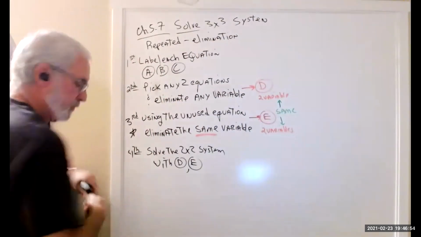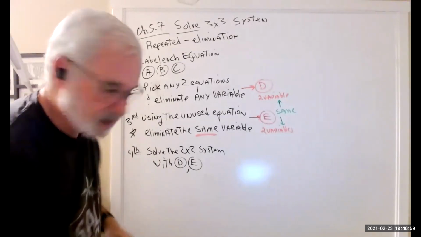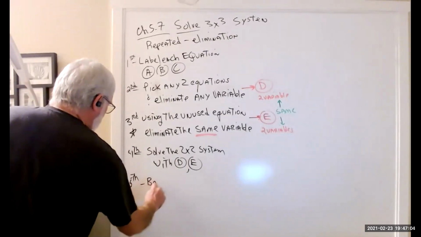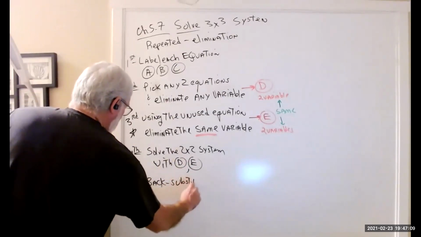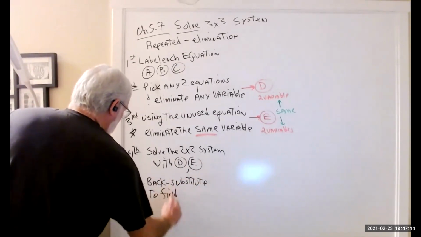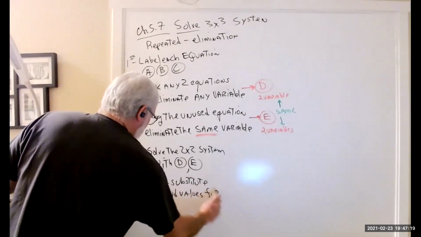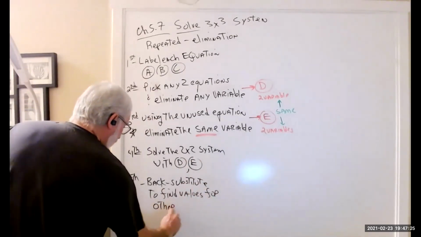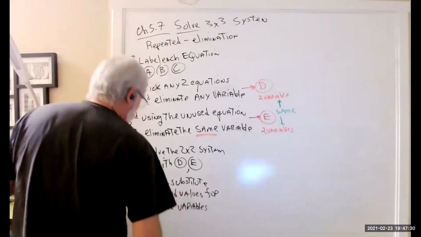And then fifth, back substitute to find values for the other variables, which I'll explain, and I will give you an example of that.